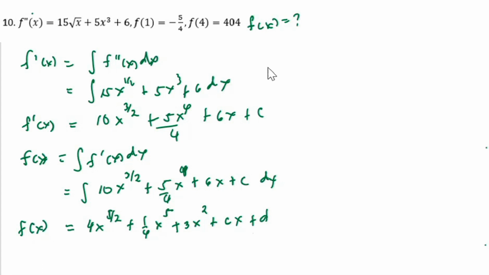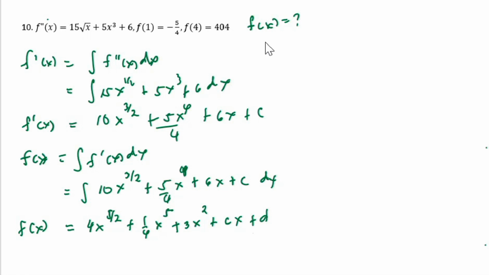Since we have f of 1, I can replace x by 1. So we have f of 1 is equal to negative 5 over 4. So I can write here negative 5 over 4, and then replacing x by 1 will give us 4 plus 1/4 plus 3 plus c plus d.